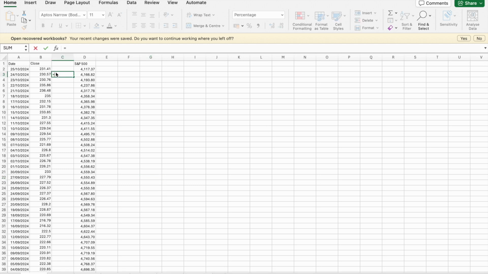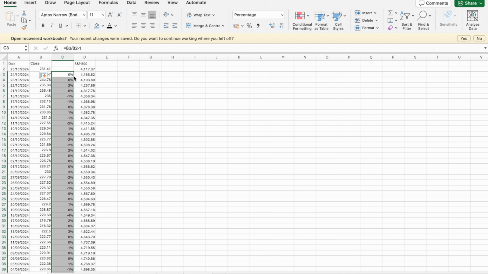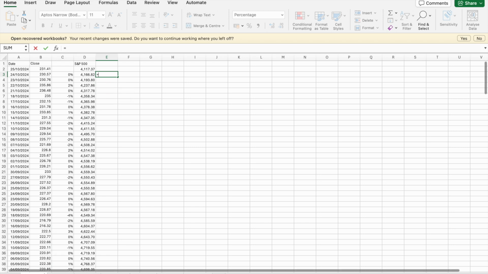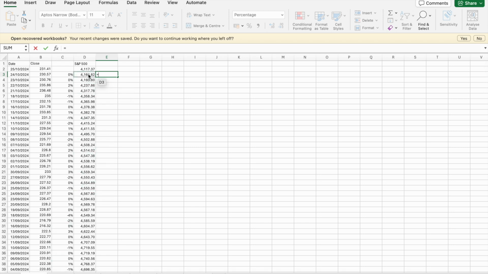We need to get the return for Apple, so simply divide the current price by the previous price, minus 1. Then we get the return for the whole year on a daily basis, and now for S&P 500 we will do the same. So this is the table for Apple, minus 1.